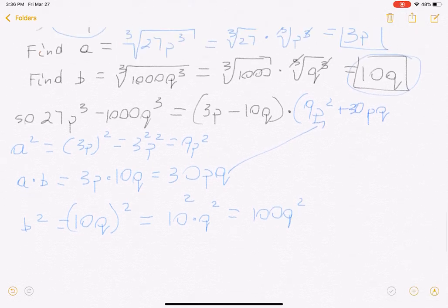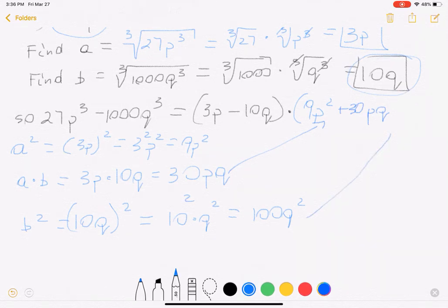And that 100Q squared goes inside the second parenthesis, plus 100Q squared. Okay, so this is the final answer.